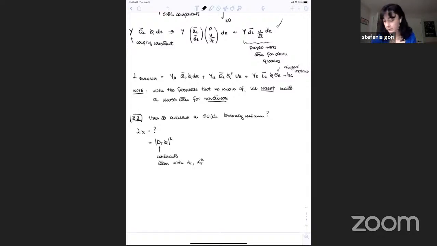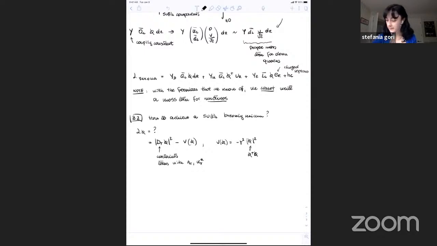But then I can also write down an additional term that is the potential for the scalar, V of phi. That will be a scalar function of phi. So let's see what terms I can plug in. I can write down a term like this, where this will be a phi dagger phi.